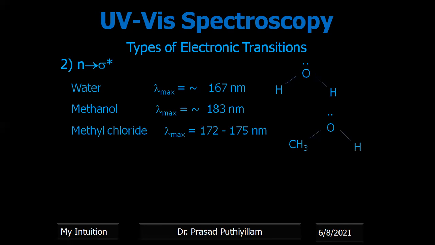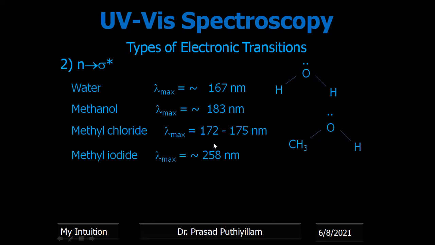Another example is methyl chloride, around 170 to 172 nanometers. Methyl iodide is a similar example, but with iodine instead of chlorine, and it has a lambda max of approximately 258 nanometers.